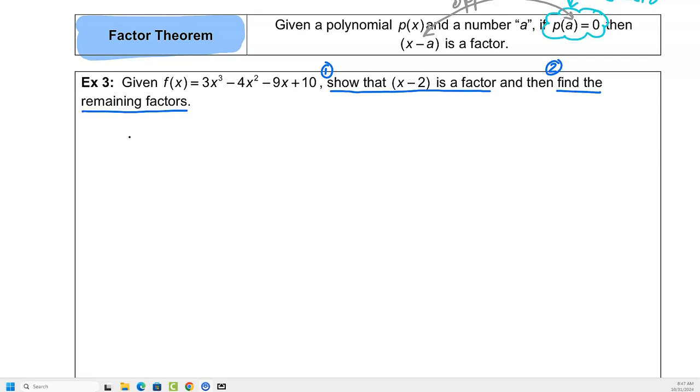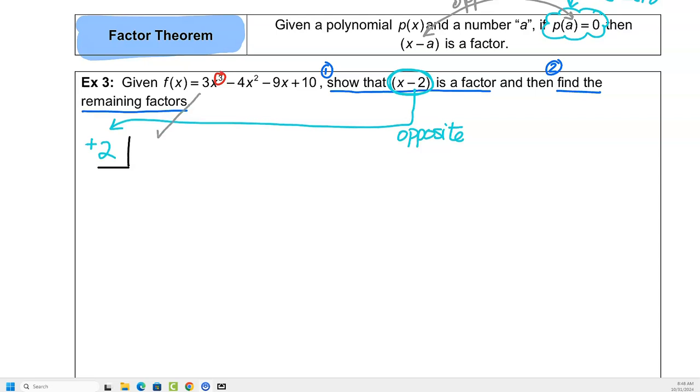I'm going to do synthetic division here. I'm going to take the x minus 2 that's here, and that minus 2, remember what's going to go in the window here? Good job, 2, because when you take it from x minus something, or a binomial, you take the opposite. The highest power is a 3 here. Do I have any missing terms? Nope.